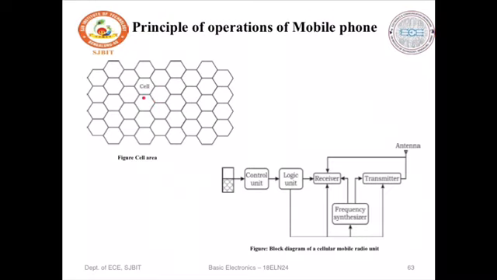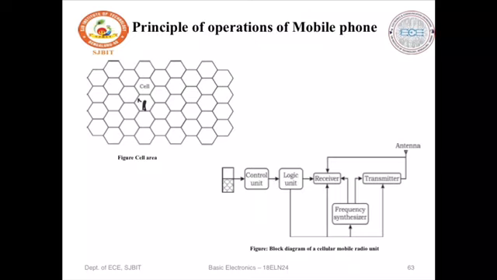A cell is the basic geographic unit of the cellular system and it contains a low power transmitter and its own receiver. A transmitter with a receiver will be present in each cell.